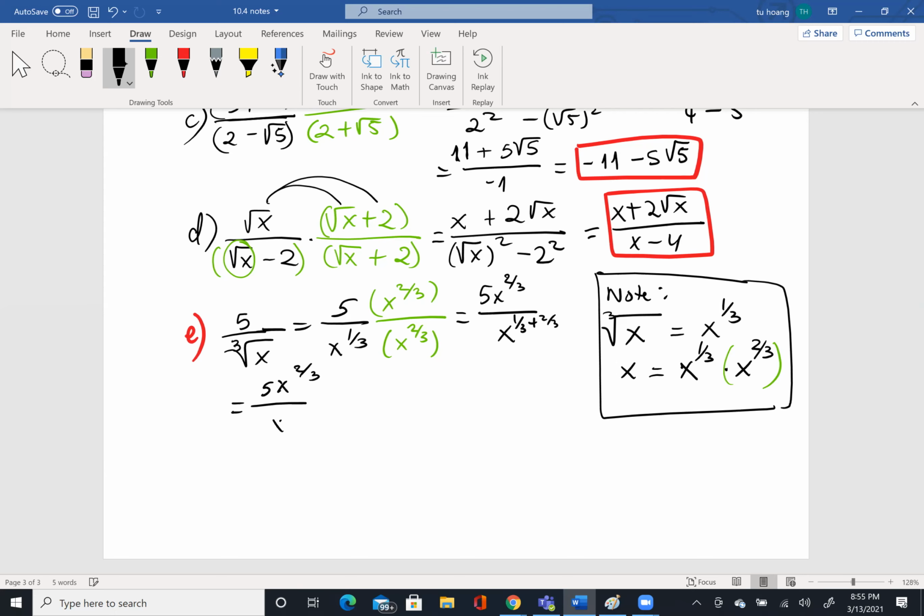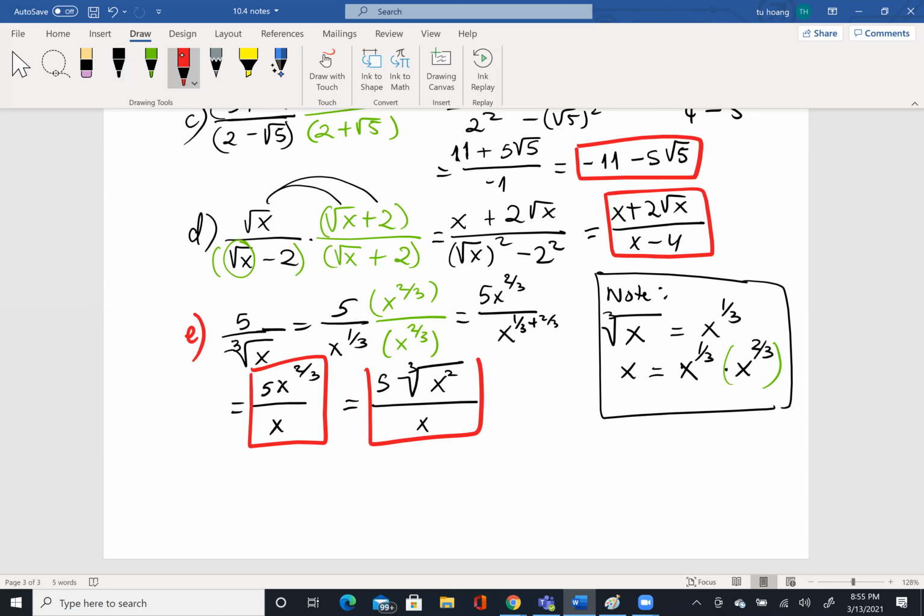The bottom is going to be x to the power 1, which is x. And if you stop here, that's okay for me. If you want to rewrite it in radical form, you can have 5 times the cube root of x to the power 2, divided by x. And that should be okay too.